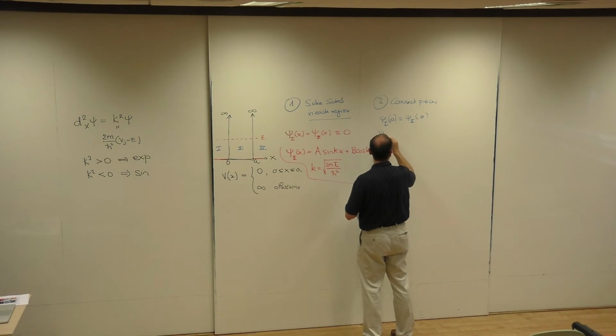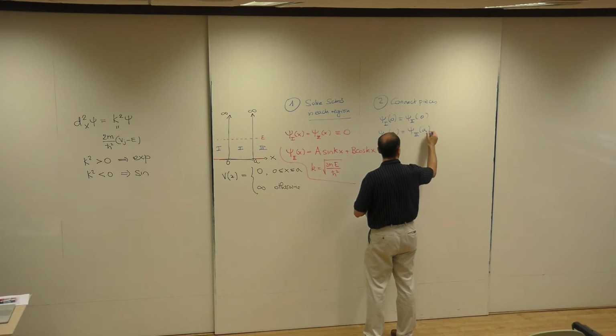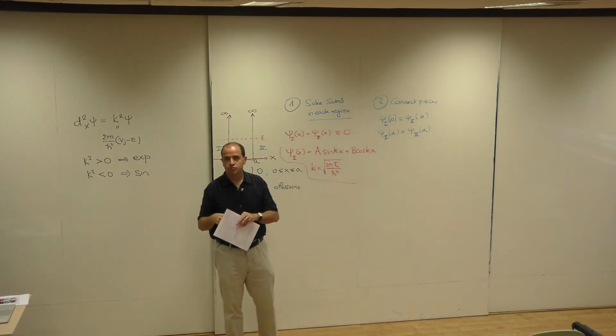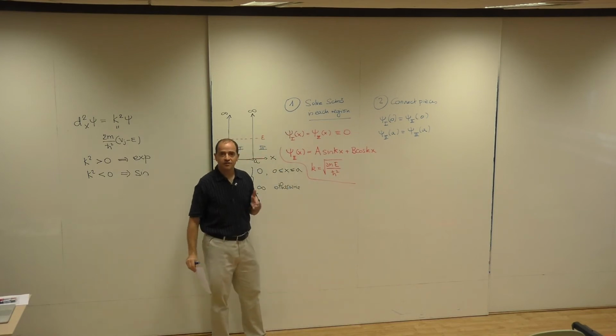Psi 2 at A should be equal to psi 3 at A. And then I told you we have to connect the derivatives. However, that's where mathematically this gets in trouble. You can't connect also the derivatives. You can check that if you try to connect the derivatives, you get 0 all over the place. Again, it's a small mathematical artifact.